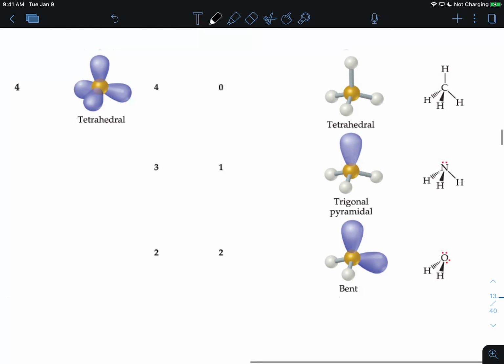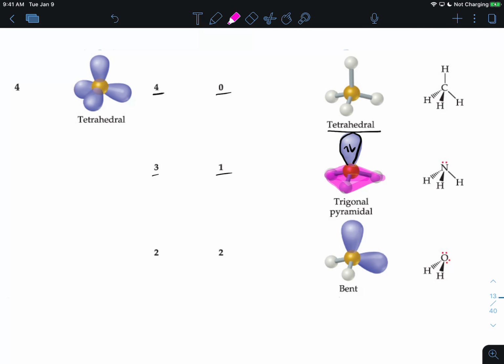We can also look at our tetrahedral electron domain geometry, and if we keep all of our electron domains as bonding domains and have no non-bonding domains, we will have a tetrahedral molecular geometry. And then if we have 3 bonding and 1 non-bonding, so one of those atoms is replaced with a lone pair of electrons, then again, we're just looking at the structure that's made by our atoms themselves.